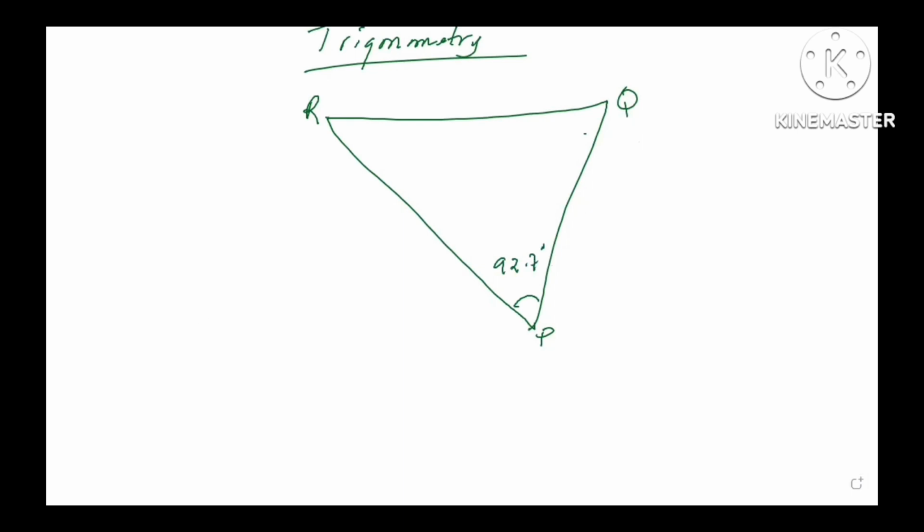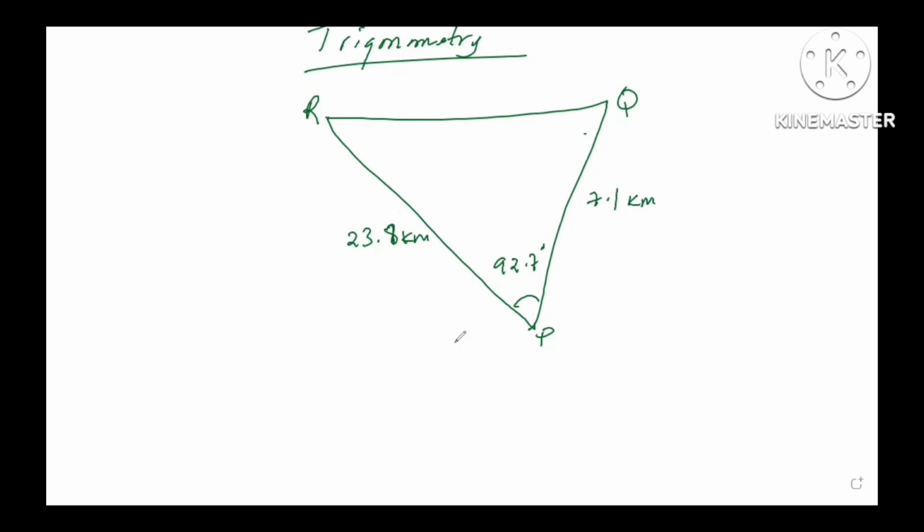Then RP or PR is 23.8 kilometers. Then this is 7.1 kilometers, if I'm not mistaken.